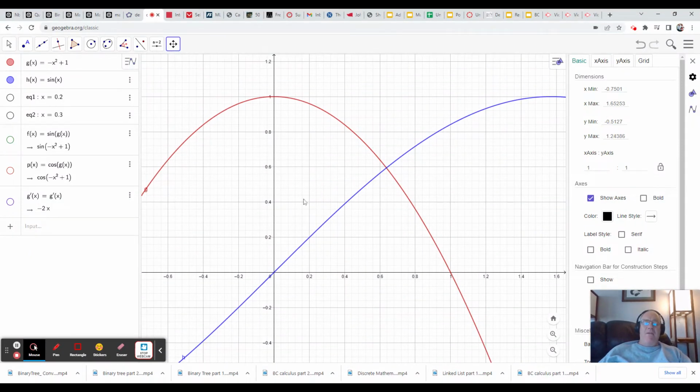I've chosen these functions so that they aren't always that close to one another. They don't always follow each other, but they're close in the sense that they're in this square box of size 1 by 1 near the origin.